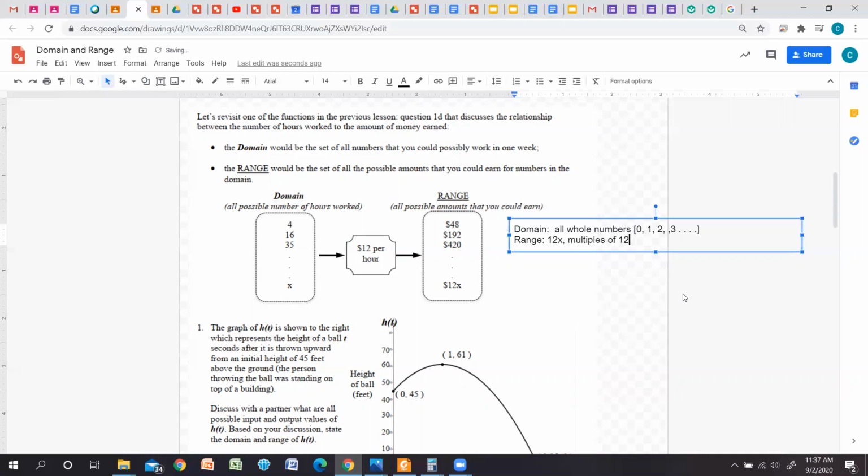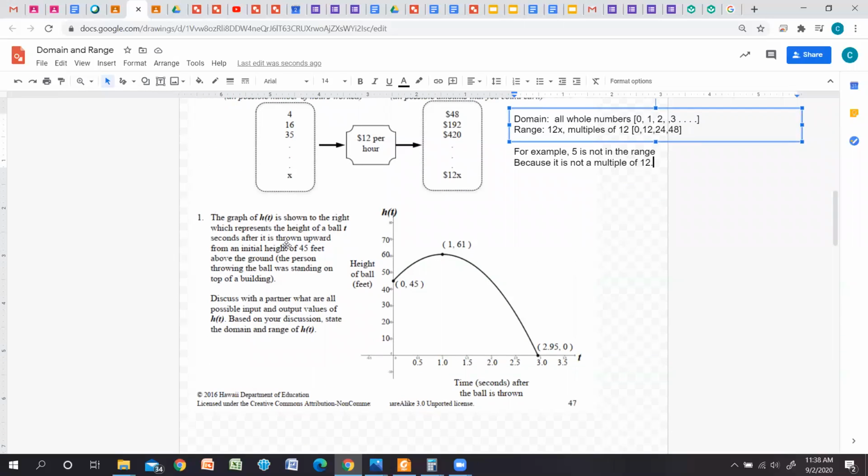Multiples of 12 include 0, 12, 24, 48, etc. So, for example, 5 is not in the range because it is not a multiple of 12. That's why domain and range can be useful. It explains what is in the function and also what answer it cannot be. I think it's especially clear in descriptions.